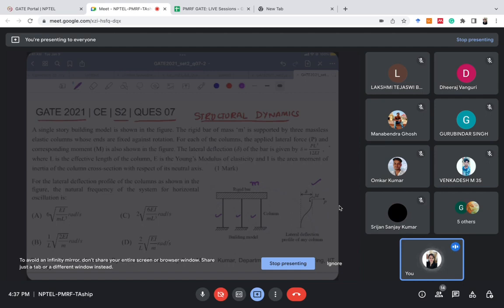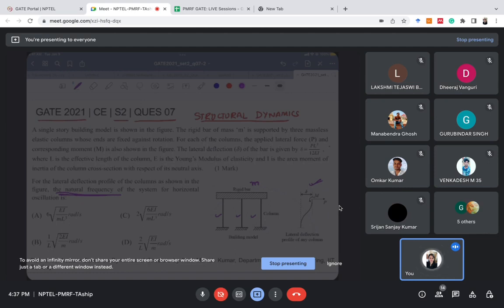The lateral deflection delta of the bar is given by delta equals PL cube by 12EI, where L is the effective length of the column, E is the Young's modulus of elasticity, and I is the area moment of inertia of the column cross section with respect to the neutral axis. For the lateral deflection profile of the columns as shown in this figure, we have to find the natural frequency of the system.